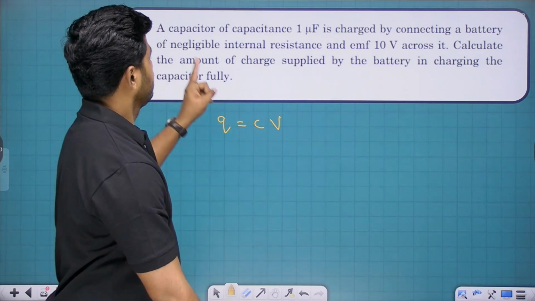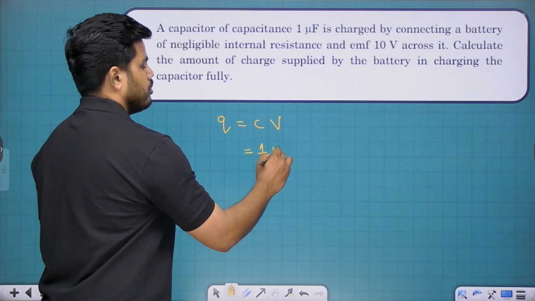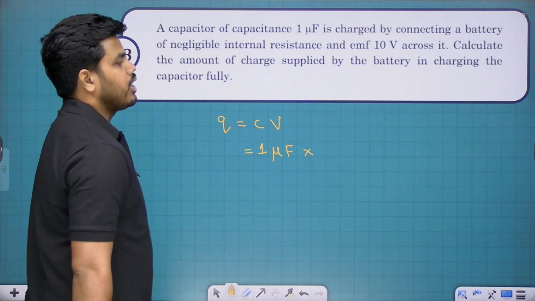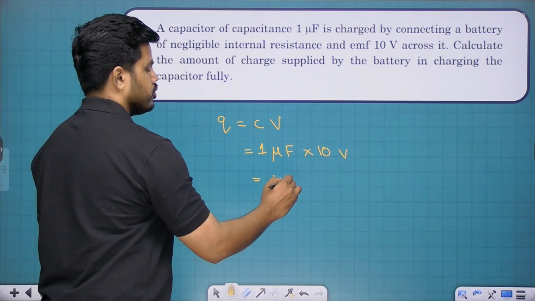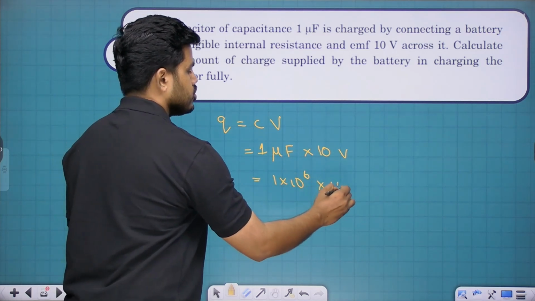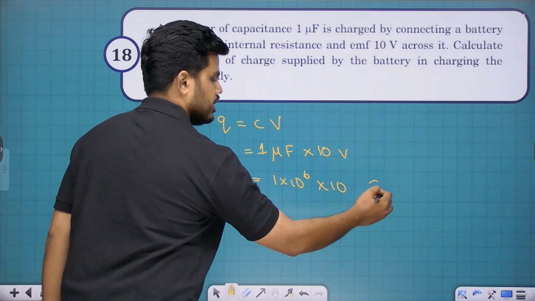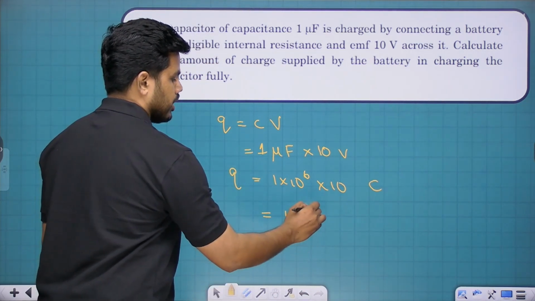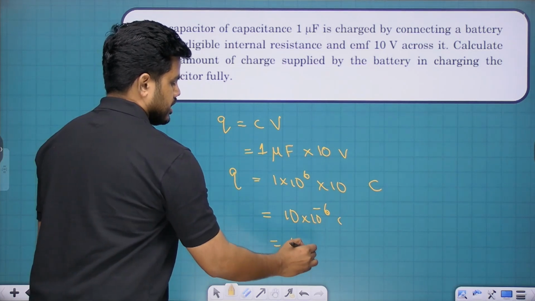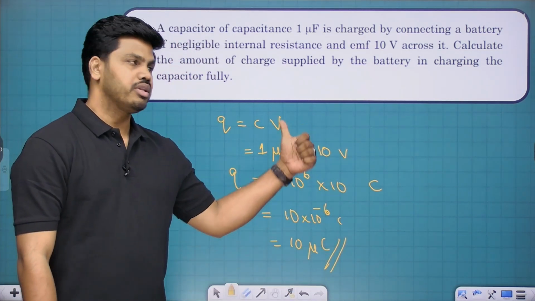What is the capacitance given? 1 microfarad, into the applied potential, 10 volt. So we have 1 into 10 raised to minus 6 into 10. The charge stored in the capacitor will be in coulomb. So we can say 10 into 10 raised to minus 6 coulomb, which is 10 microcoulomb. That is the charge stored in the capacitor.